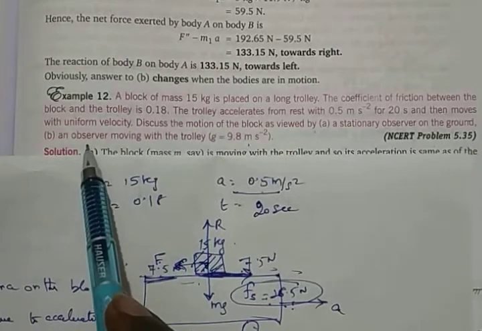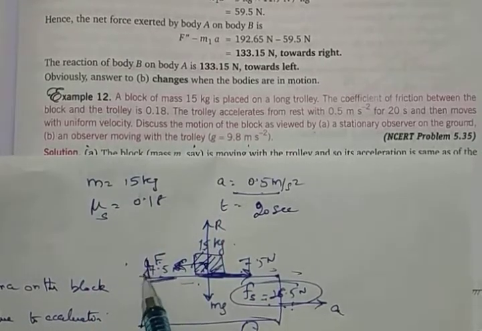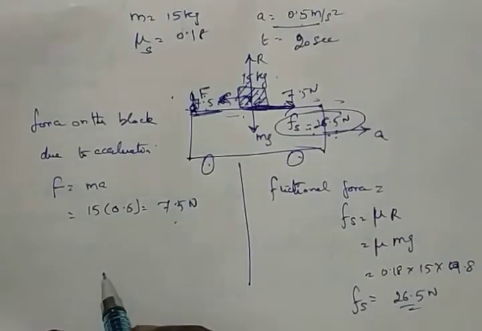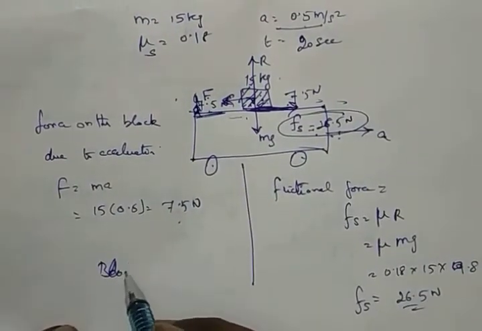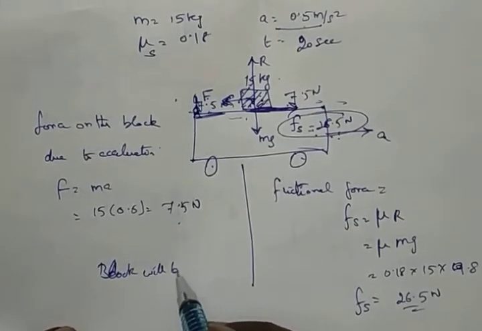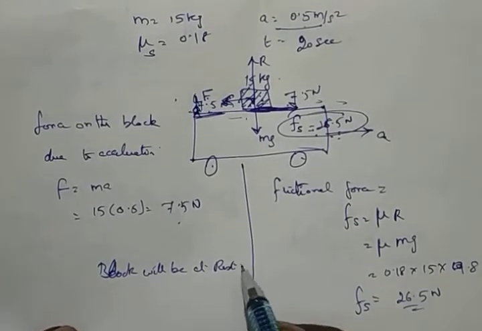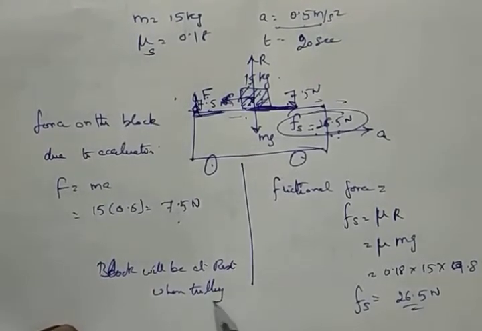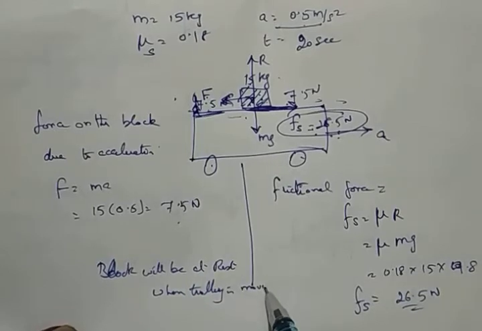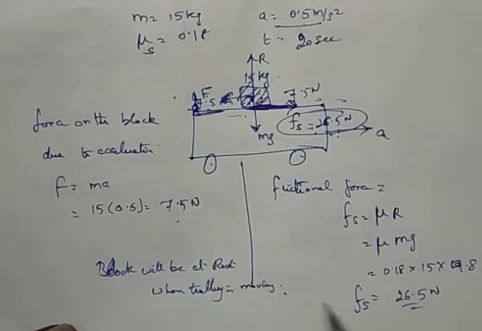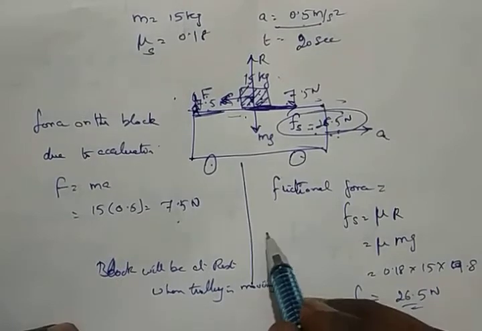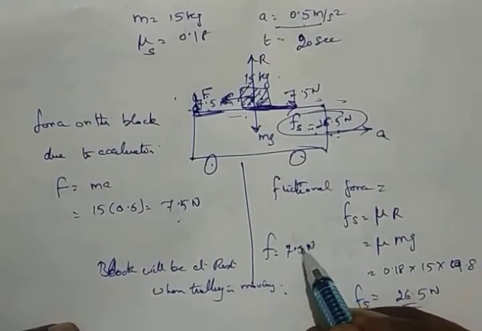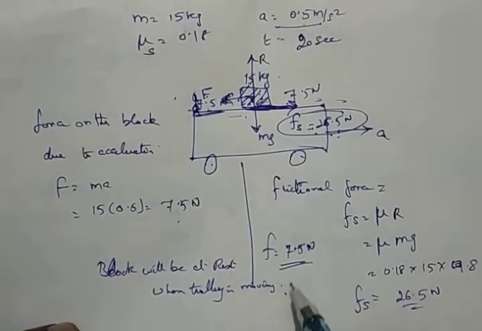And for an observer moving with the trolley, a person standing here and seeing the block, the block will be at rest when the trolley is moving. So you have to write there the frictional force finally will be equal to just 7.5 newtons, because it adjusts to this one.